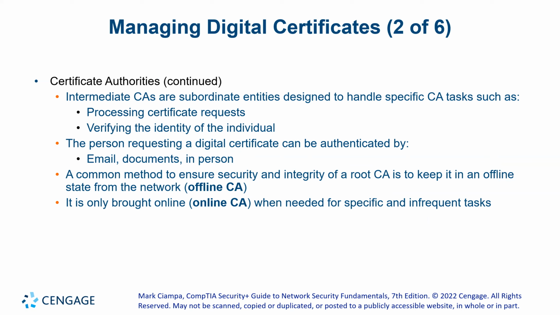The person requesting a digital certificate can be authenticated by email, documents, or in person. A common method to ensure security and integrity of a root CA is to keep it in an offline state from the network. It's only brought online when needed for specific and infrequent tasks.